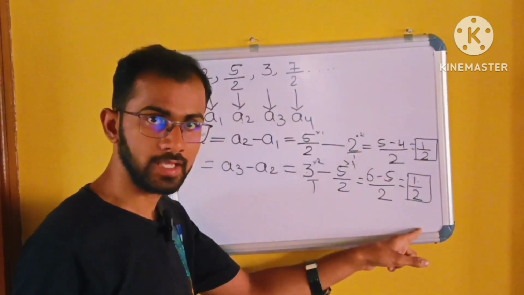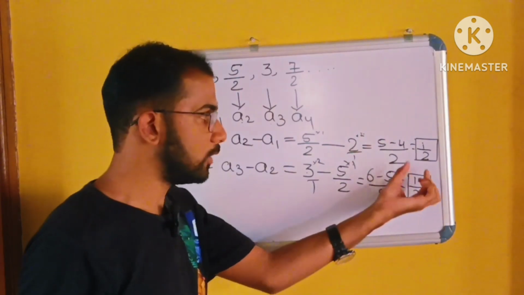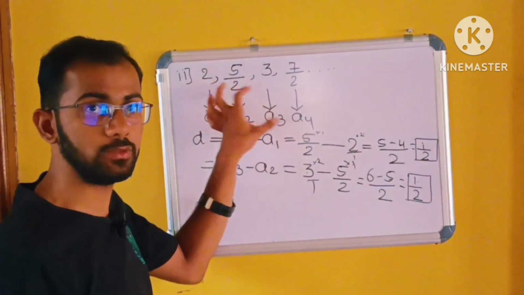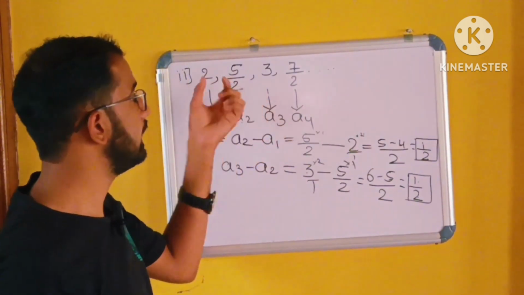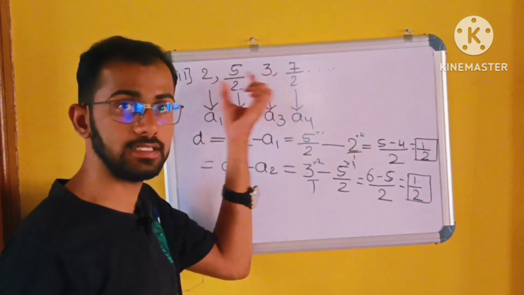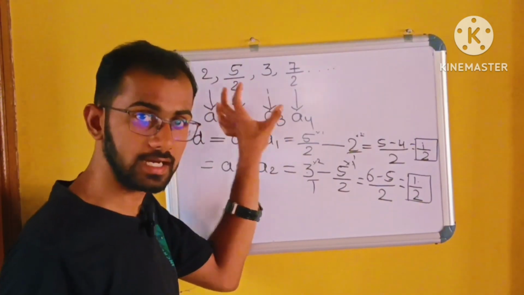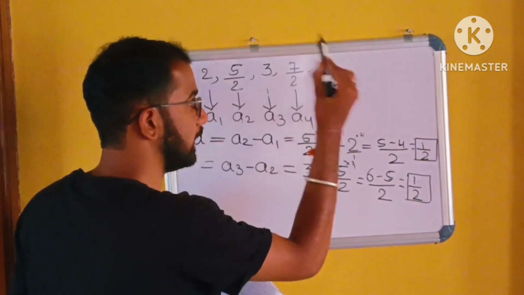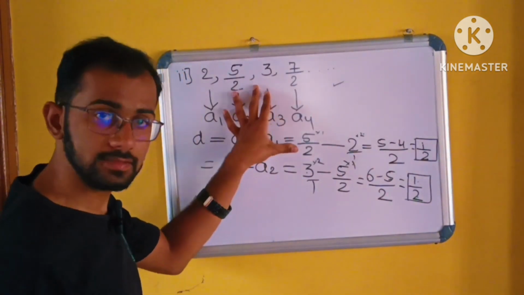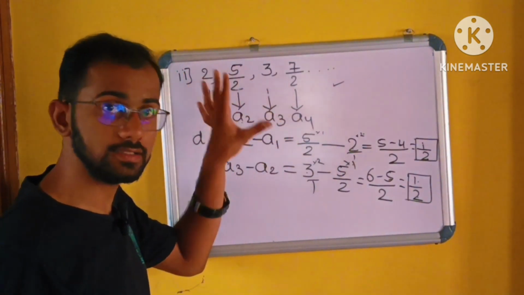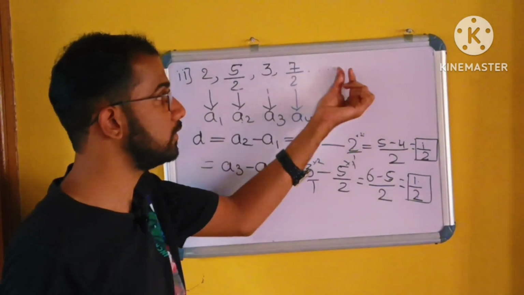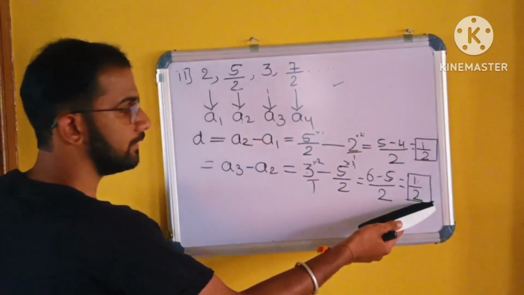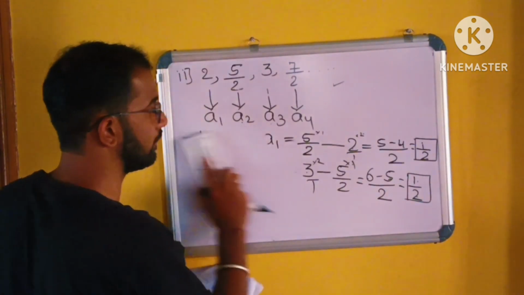Yes, 1 by 2. Since the common difference is fixed, the same between any two consecutive pair, hence the list of given numbers is in arithmetic progression. This is an arithmetic progression. If this is in arithmetic progression, the next task is to write the next four terms. How can we write them? We find out A.